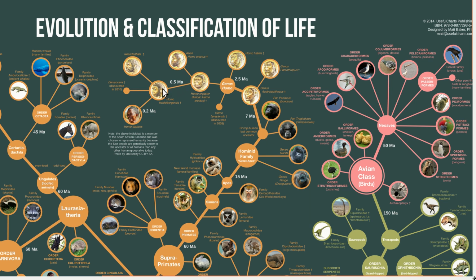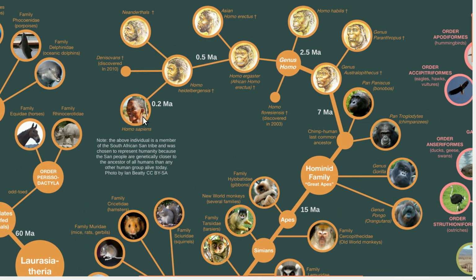We eventually get Homo heidelbergensis, and from this species comes the Neanderthals and also Homo sapiens. And for Homo sapiens, you see pictured here a member of the South African San tribe, who is genetically probably closest to what the original Homo sapiens would have looked like.